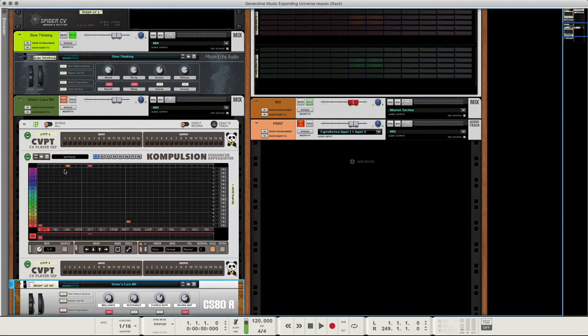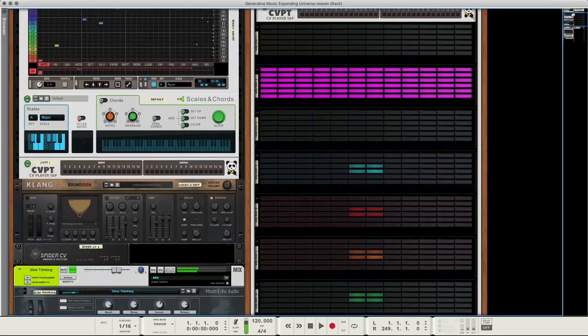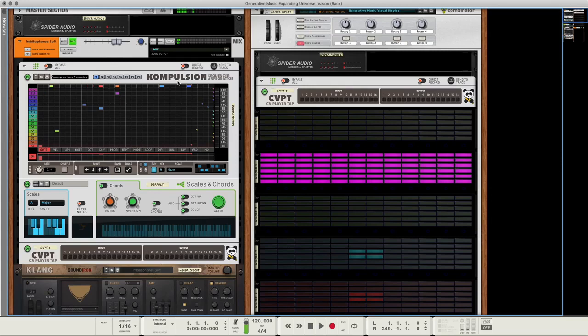So you can see that this has actually started running now, because it's running based off this one here. It's being triggered, I believe, by F sharp 3, by this note here, by the 12th sequencer.